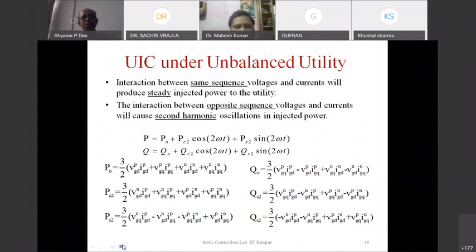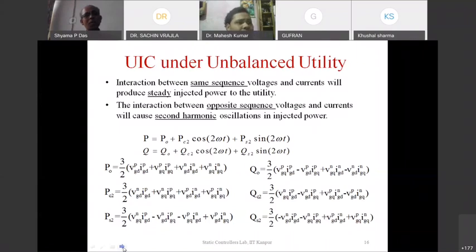It is something like two vehicles moving opposite to each other. If the two vehicles have speed v, the relative velocity between the two vehicles will be 2v. Exactly in the same way, the relative speed between the positive and negative sequence components is 2 omega.